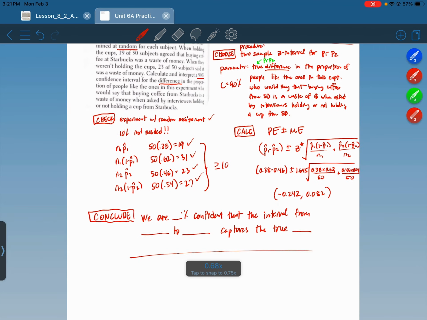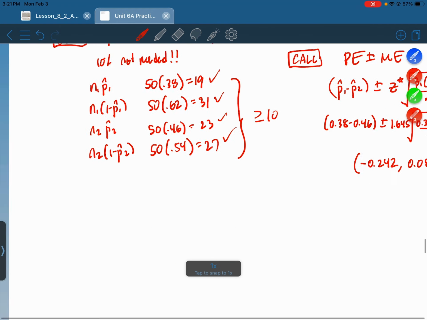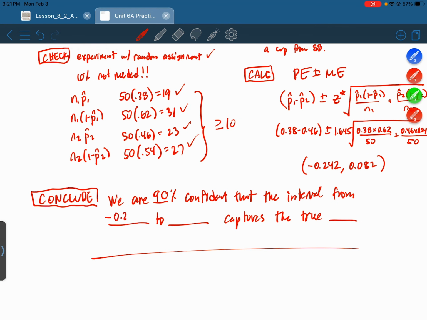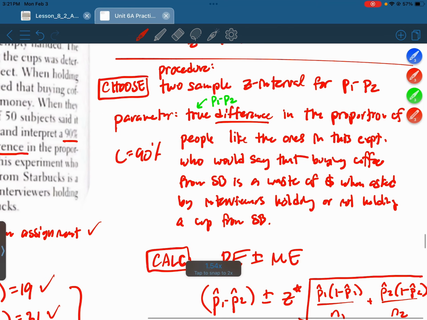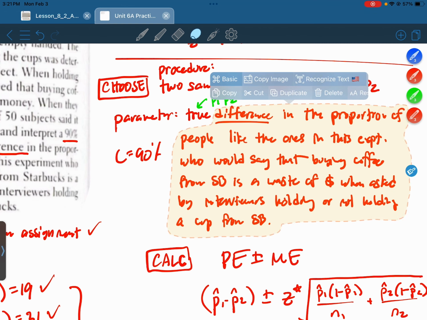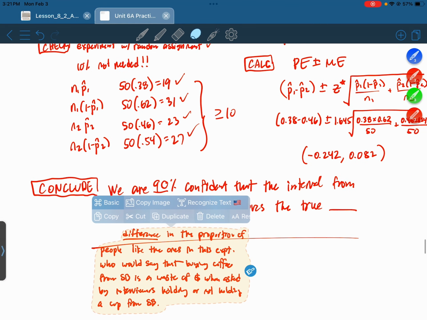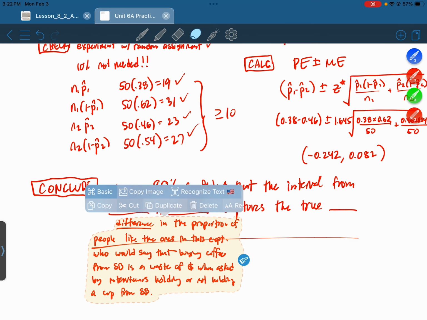Okay, so our confidence level, that was 90%, so let's go ahead and write that in, 90%. The interval itself was negative 0.242 to positive 0.082, and then the parameter, all right, I'm just going to copy and paste it from the choose step.